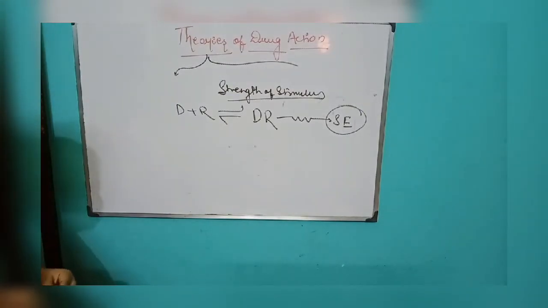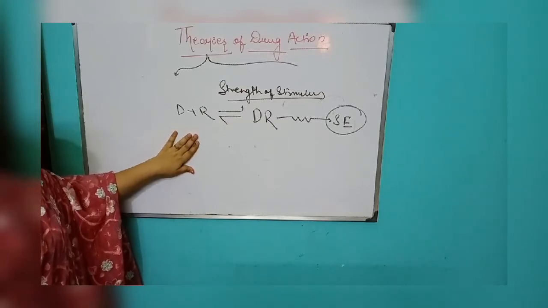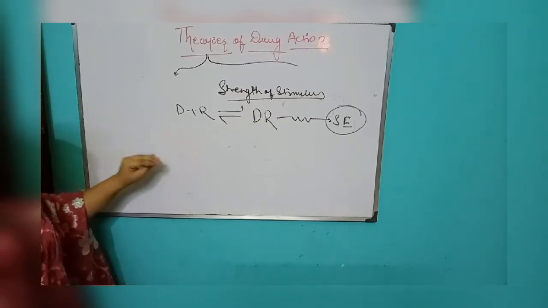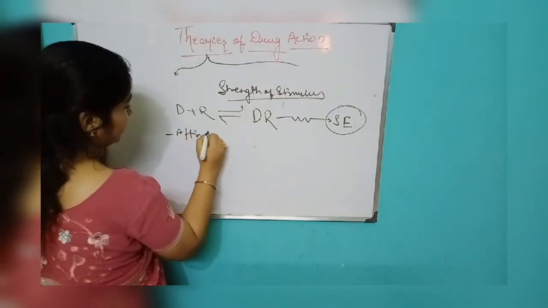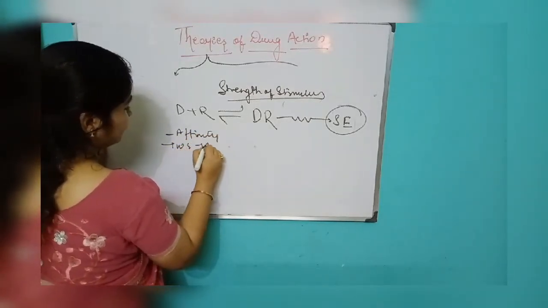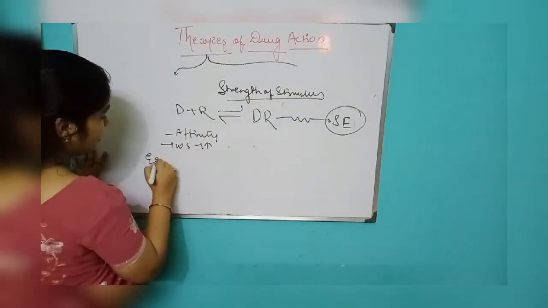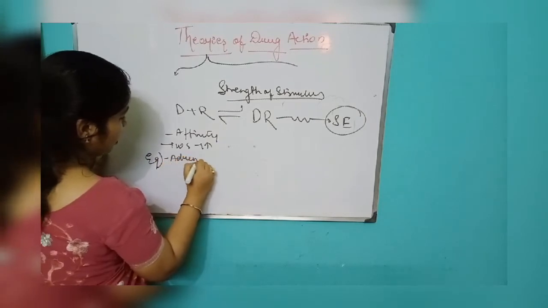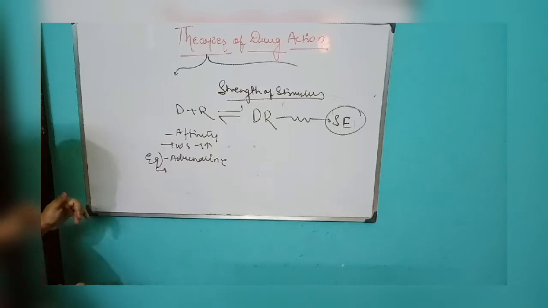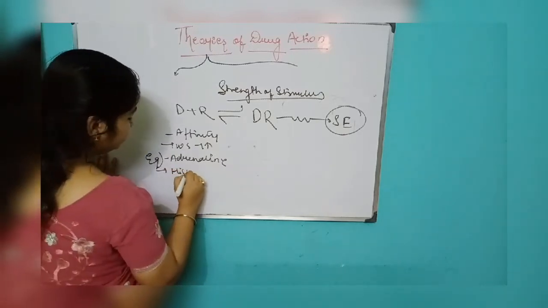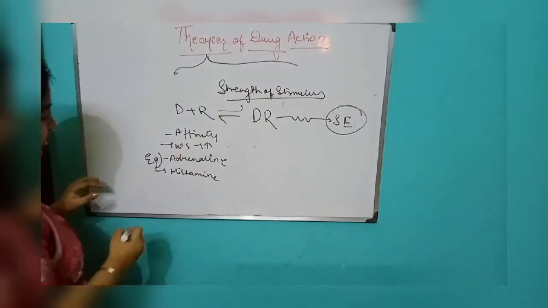Now come to your agonist. What is it? The agonist has affinity, and the working station is maximum. Examples: adrenaline first, second histamine, and third morphine.